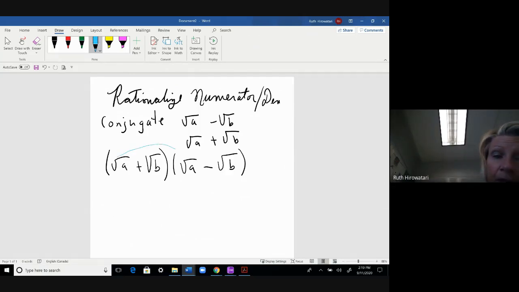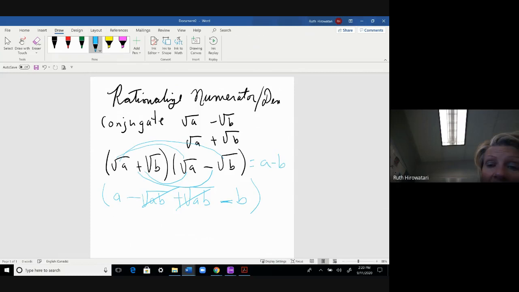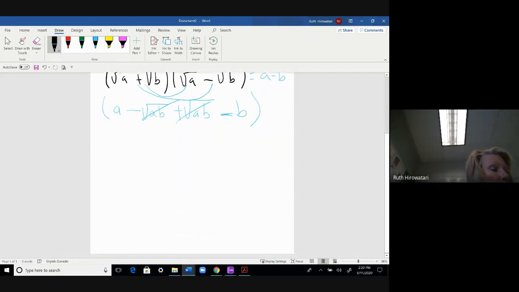Root a times root a gives the square root of a squared, which is just a. Root a times root b, negative, gives minus root ab. Root b times root a, positive, plus root ab. Those cancel. So when you multiply by the conjugate, you just end up with a minus b, no square root. Okay, so that's the theory that we're working with.